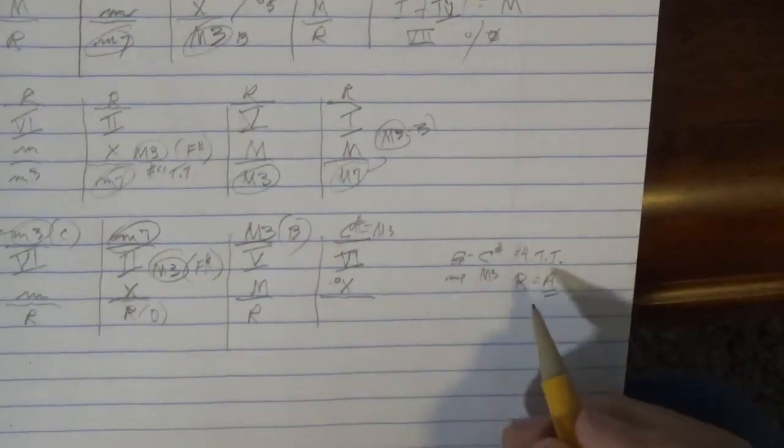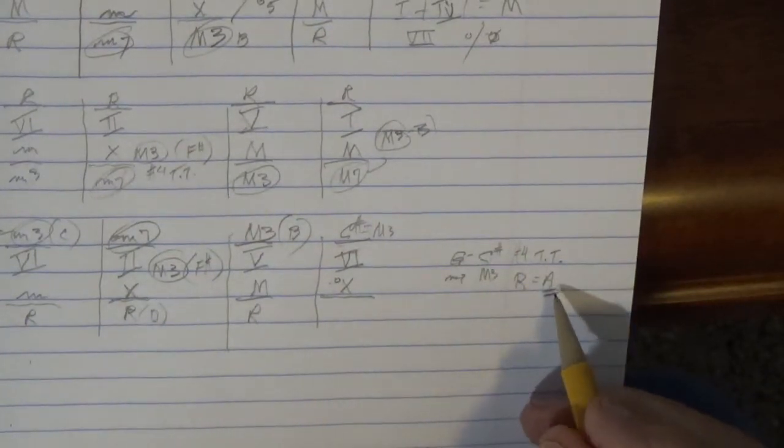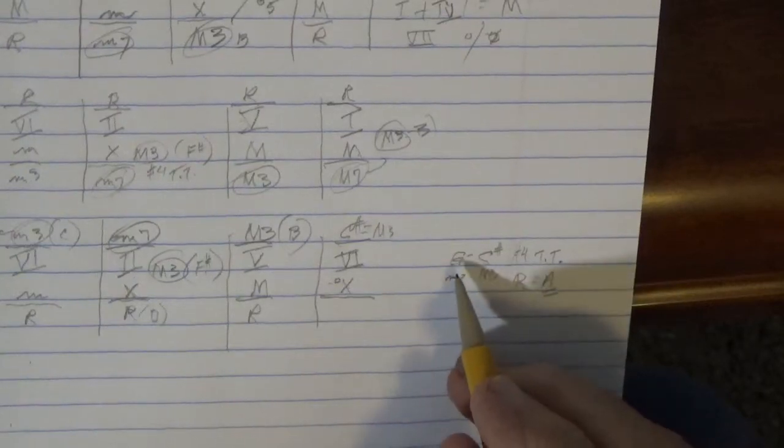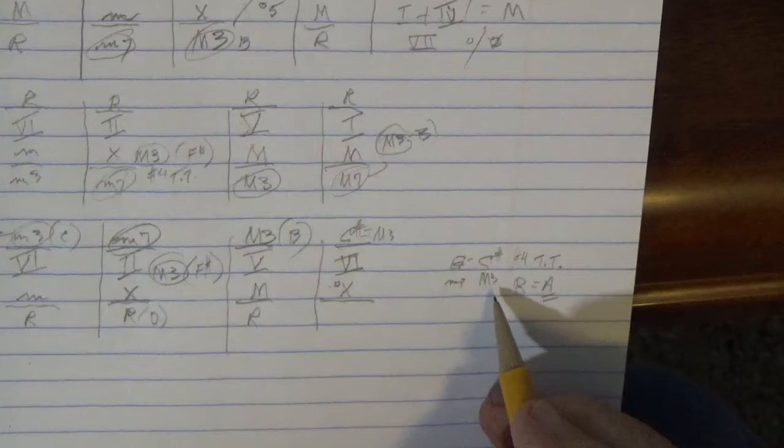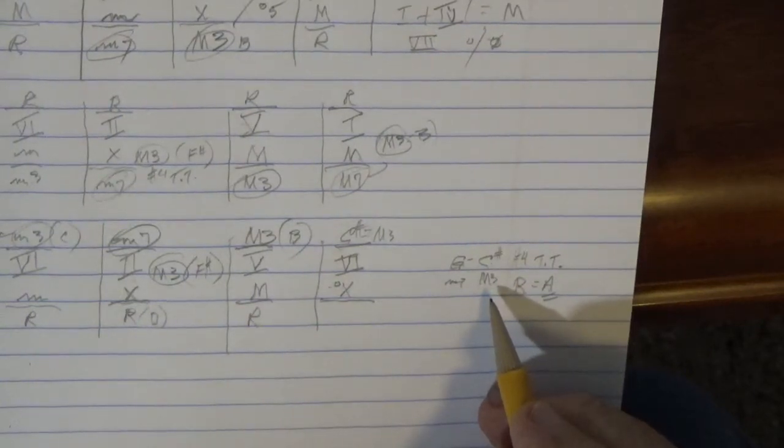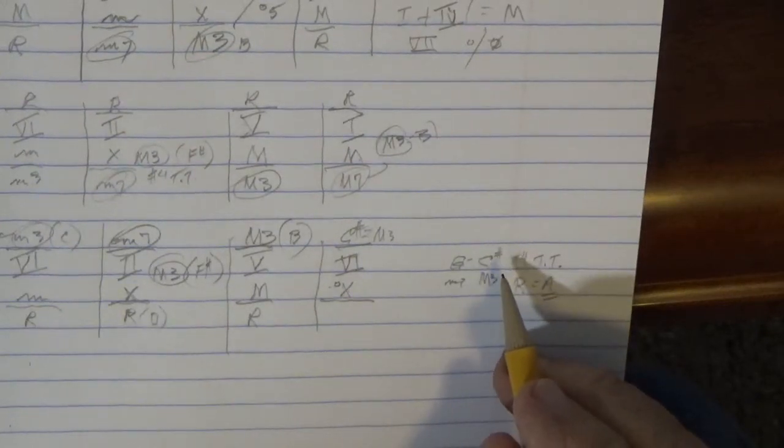Now, G, what's the relationship of G to A? Well, here we have it right here. So we had G to A and the G to C sharp in the treble. Then the G is doubled down below as the major third.